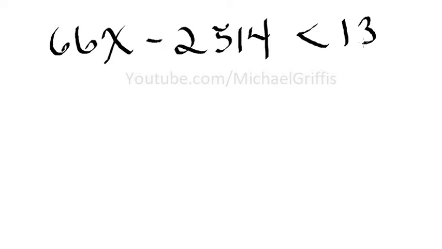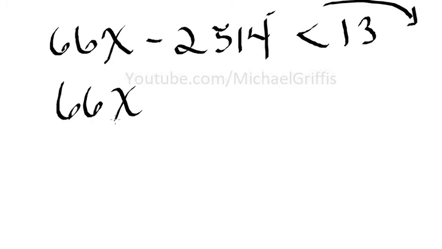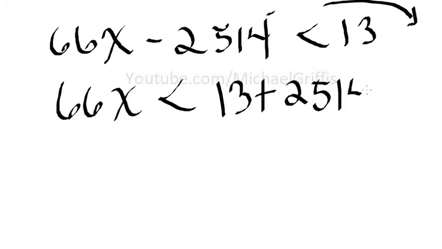Alright, so we're going to add 2514 to both sides, or you could think about it as just taking that directly over. So we have 66x is less than 13 plus 2514. Okay, so we added 2514 to both sides.